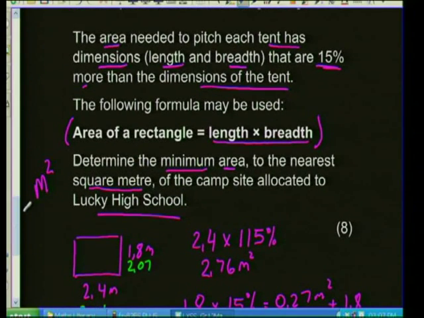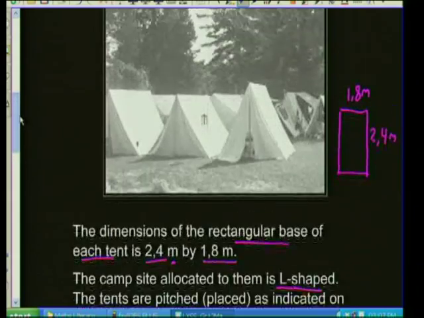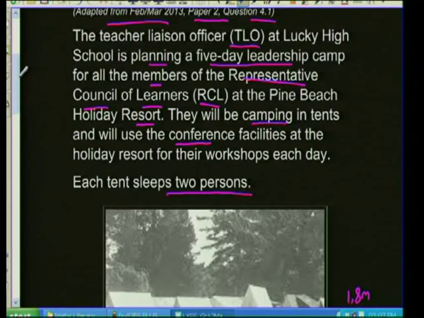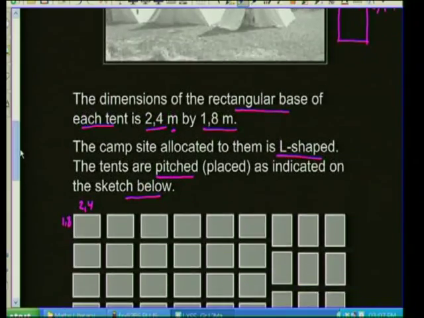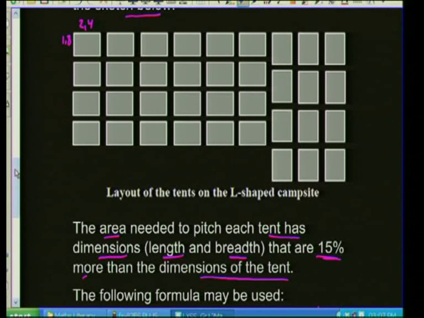Now, how many tents were there? Okay, so we need the minimum. And did it tell us anywhere how many people there were? I don't think it did. It told us there were 2 people per tent. And we've got this L shape. So we can add how many tents there were. So we go 1, 2, 3, 4, 6. 6 by 4. So that was 6 times 4. I'm just going to do that on the side here. That was 24.